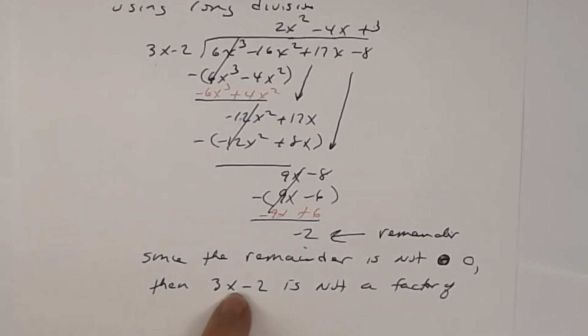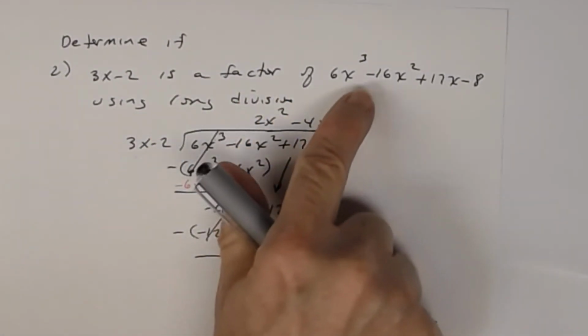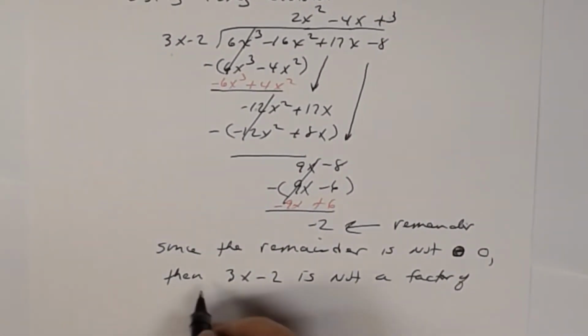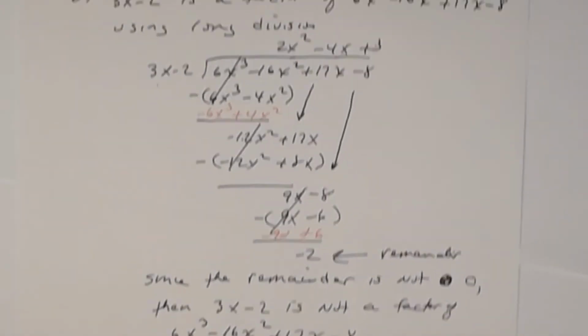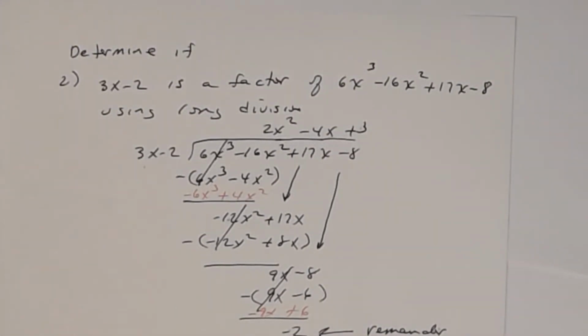So that means that 3x minus 2 is not a factor of 6x cubed minus 16x squared plus 17x minus 8. Okay? All right. Let's do a couple more, and I think you should be fine with this concept.